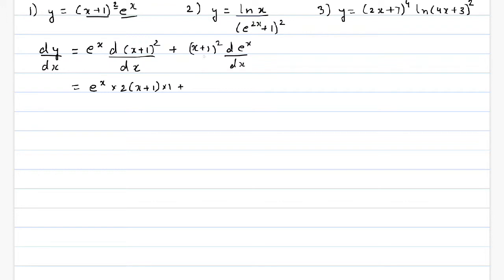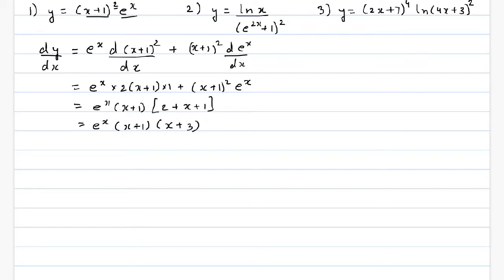Then plus x plus 1 whole square is constant, and differentiation of e raised to x should give me e raised to x. Now if you want, you can take your e raised to x and x plus 1 common, and you will get 2 plus x plus 1, or you can say finally it is e raised to x into x plus 3. So this is how we can find our final differentiation.